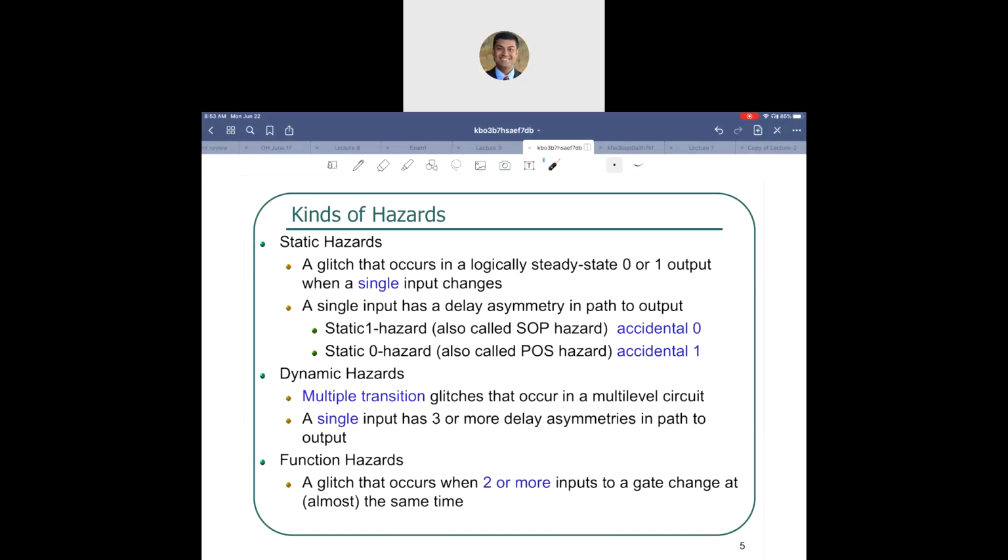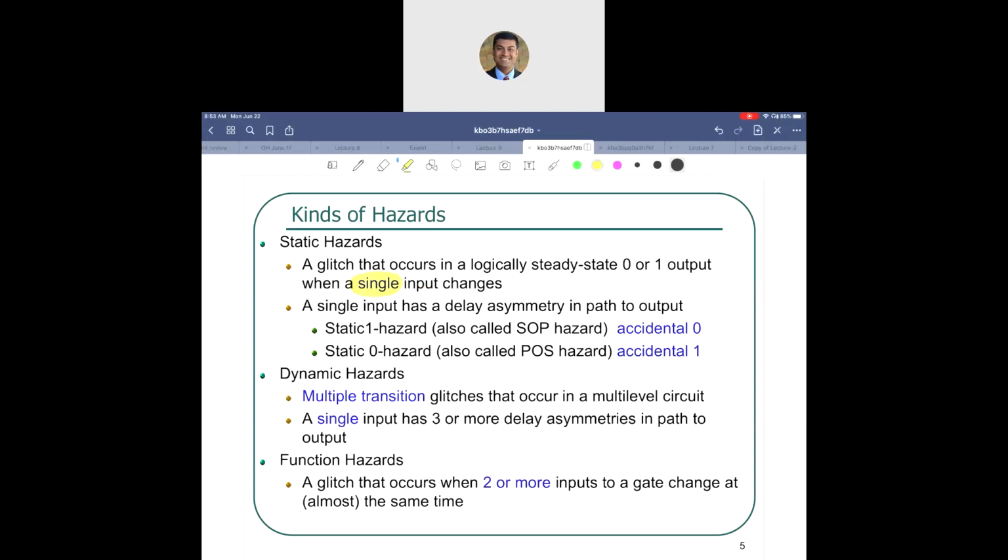Static hazard is present in a circuit where there is a glitch that occurs in a logically steady state 0 or 1 output when a single input changes. So static hazard refers to a single input change, like we had in the example that we looked at.